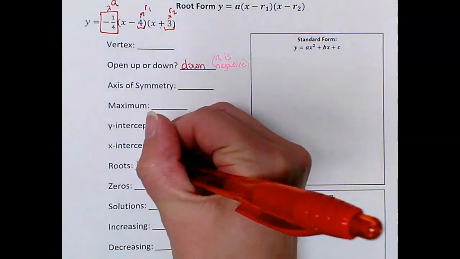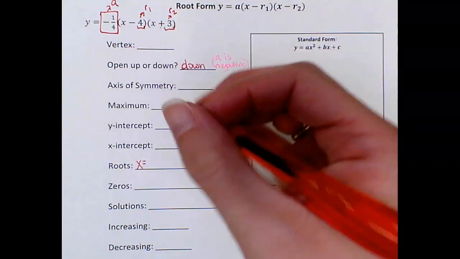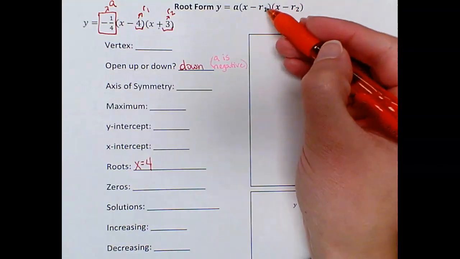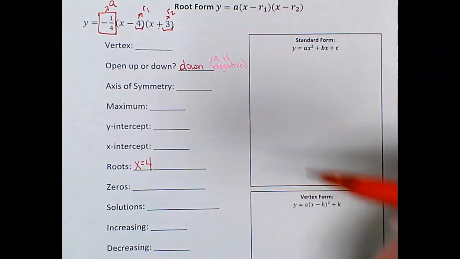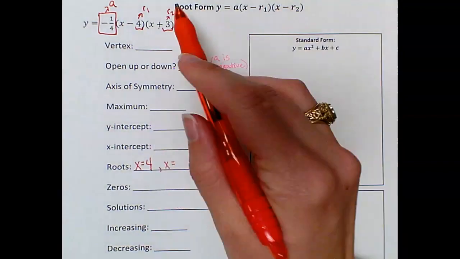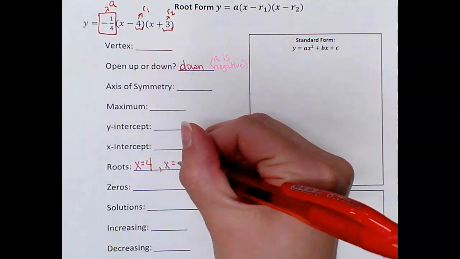The first root comes from the factor x minus 4. Well, the opposite of minus 4 is positive 4. The formula says you subtract the root, so we're subtracting 4. 4 must be the root. The second root is x equals the opposite of this. If the factor is x plus 3, then the root must be -3.